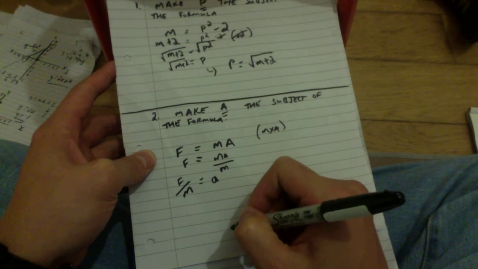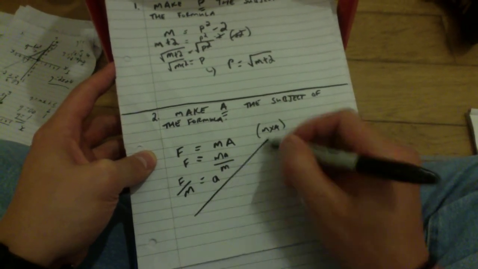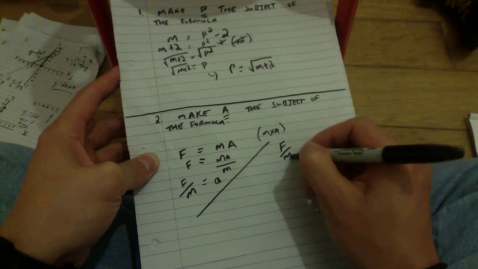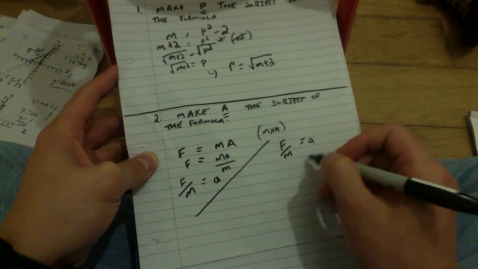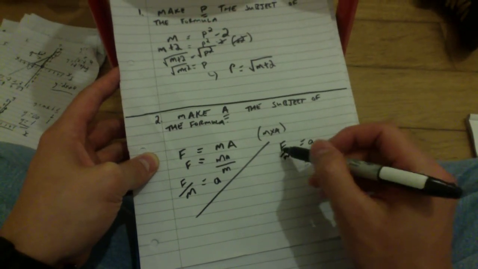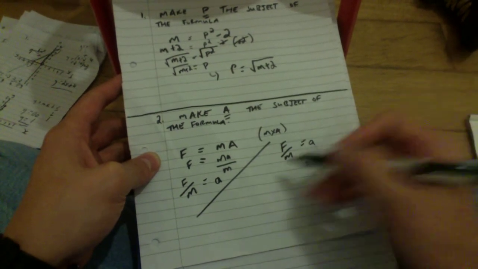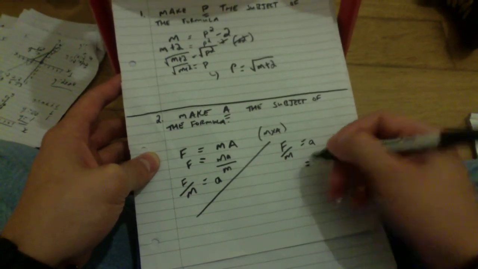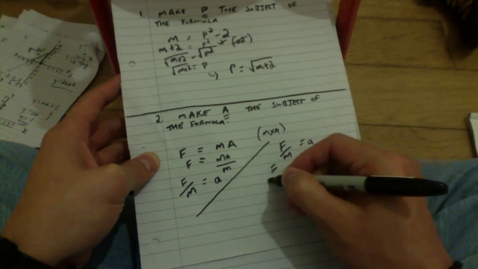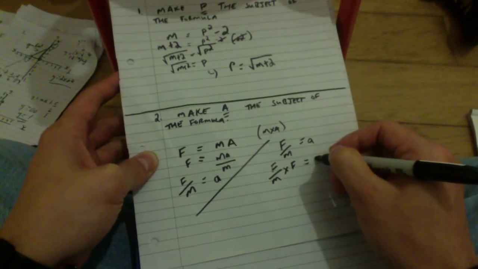equals A. Okay? What happens if I wanted to get M? Simple, I'd have to isolate M by itself. So how would I get the F out of it? I times it. So you just got to get used to doing these things.